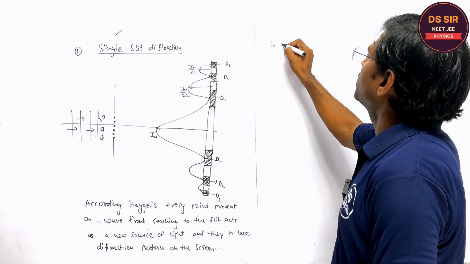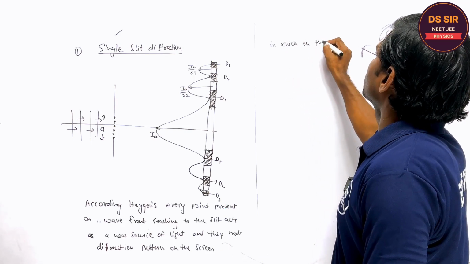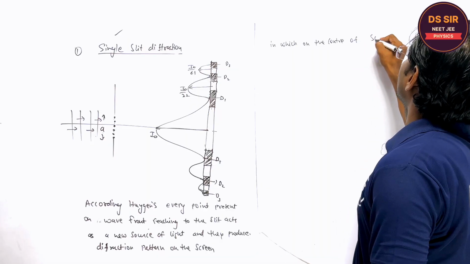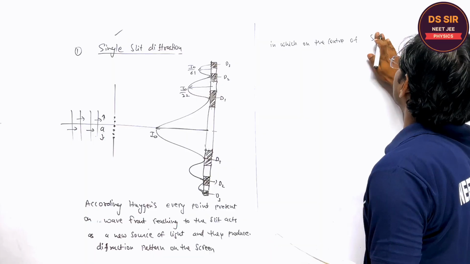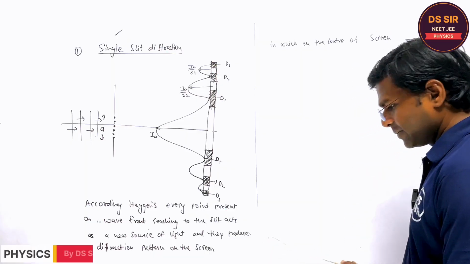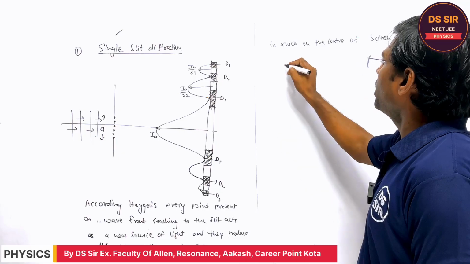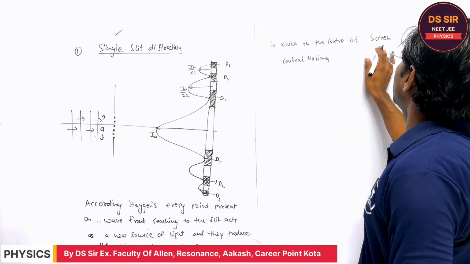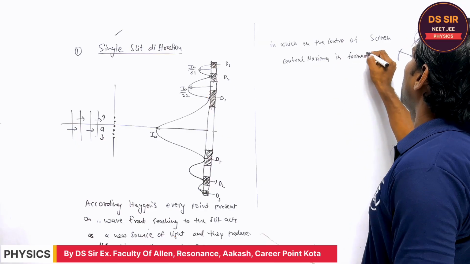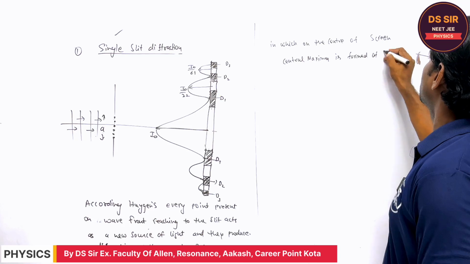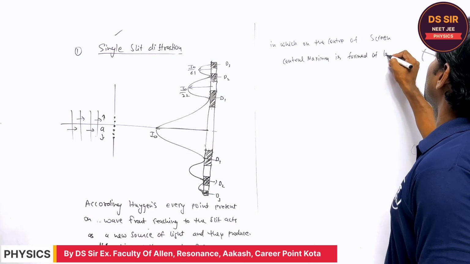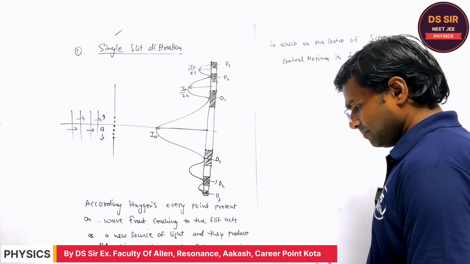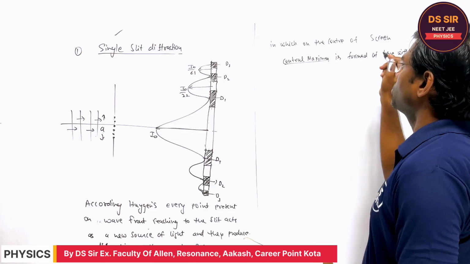In which, on the center of the screen, a central bright fringe, central maxima, is formed of large width. Is it clear or not? This is called the central maxima.